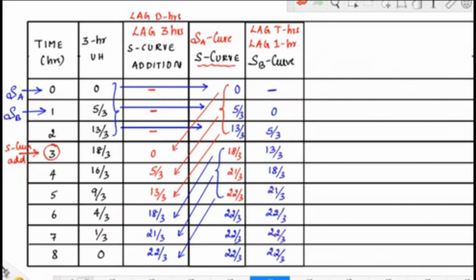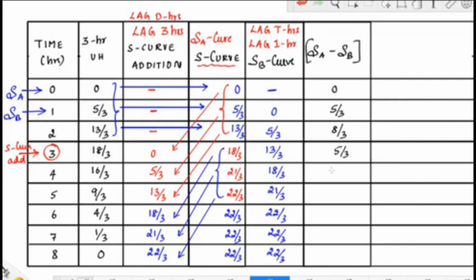So the next column should be SA minus SB. Zero, 5 by 3, 8 by 3, subtract, that's all. So 5 by 3, then 3 by 3, 1 by 3, 0, 0, 0.